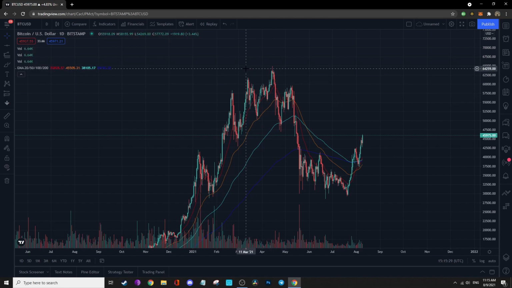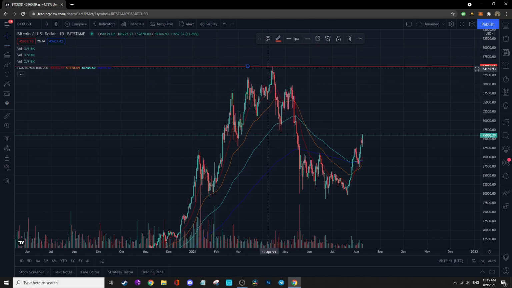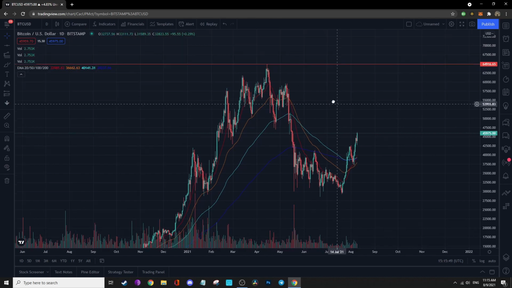So when you have a resistance line, that's typically where the price is going to return from. It's not going to pass. It's going to be harder for the price to pass at. So we can go ahead and click here and turn this red to show that we have resistance up here, meaning if the price ever returns up here, it might fall back down. It's likely to fall back down.